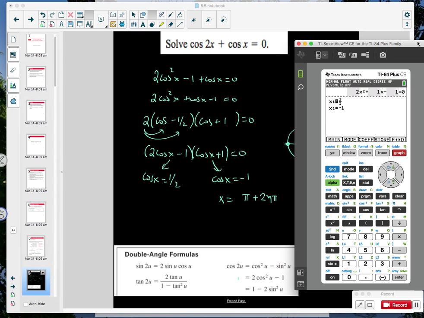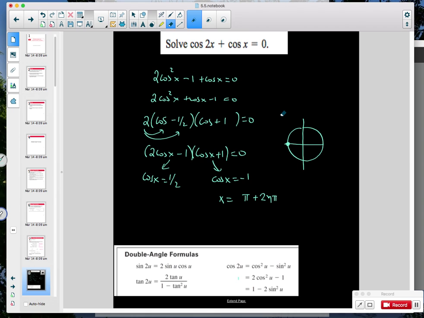Do you want to do it manually? I can do it manually also to see it. That's alright, let's do it manually. So I have 2y squared plus y minus 1, alright? Are you okay with this? Yeah. So I need a product that will give me negative 2, and a sum that will give me 1.